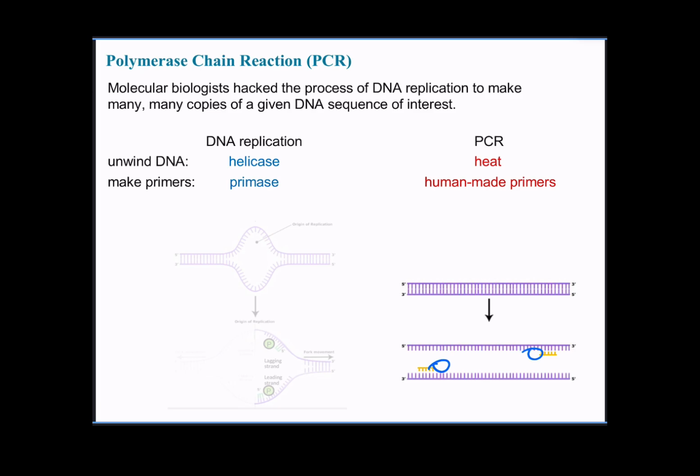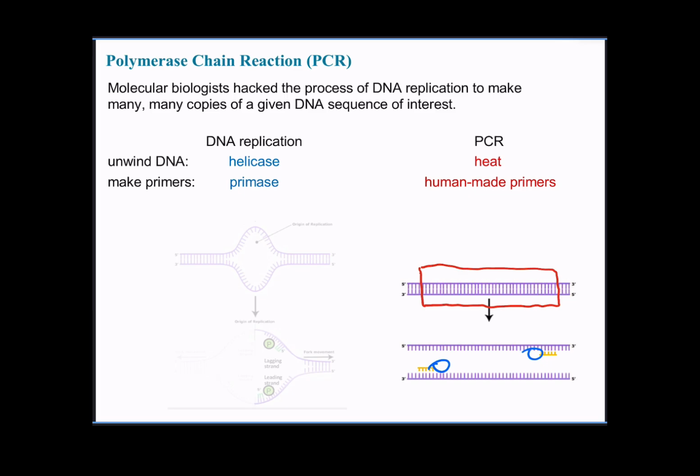I'll introduce here a little bit of jargon. Let's say that the sequence of DNA that we're interested in amplifying is located in this region here. The top strand in this cartoon is 5' to 3'. The bottom strand is 3' to 5'. Synthesis of DNA, like synthesis of RNA, proceeds in the 5' to 3' direction, which means that the bottom strand, the one that is 3' to 5', the template will be read from left to right.